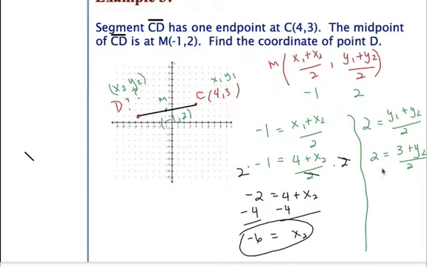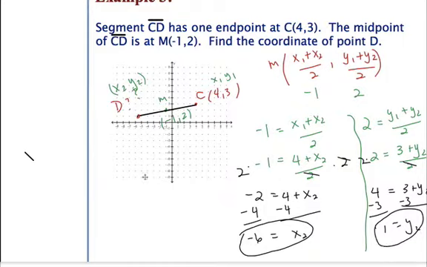We multiply both sides by 2 to get rid of that denominator. 2 times 2 is 4. So we have 4 is equal to 3 plus y2. Subtract 3 from both sides, and we get that y2 is equal to 1.